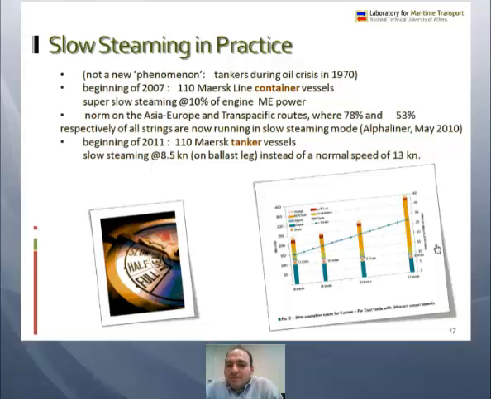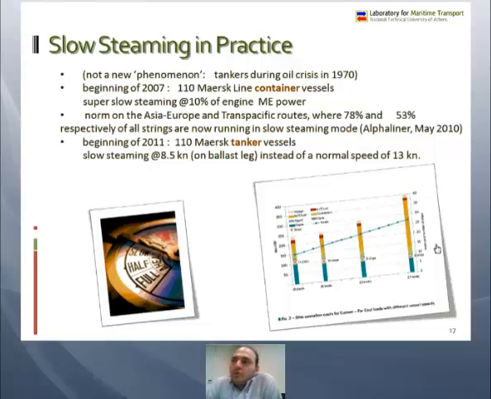Back in 2007, 110 container vessels of Maersk Line started to super slow steam. What is super slow steaming and what did these container vessels do? They sailed at actually half of their design speed. Half of their design speed is like running a vessel on 10% of the engine power.